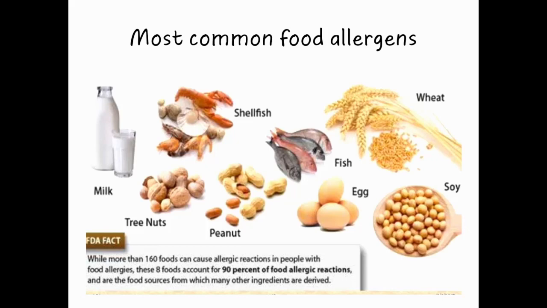Some people have an allergy to the sources directly, so we exclude them in the diet, but some people might also have allergies when these are utilized as an indirect source as well.